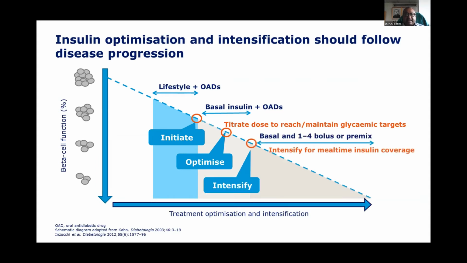And again, as time goes on, when beta cell mass declines, we intensify our basal, then give basal bolus or premix insulin. Again, if control is lost, you have to intensify or add another mealtime insulin, one or more shots.